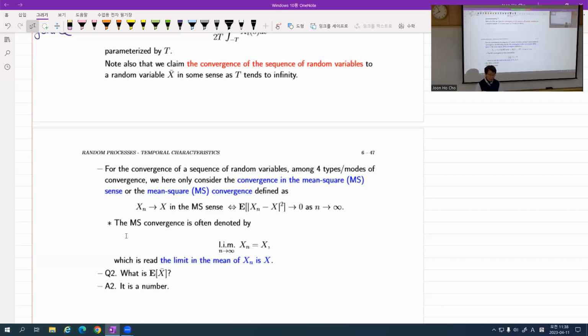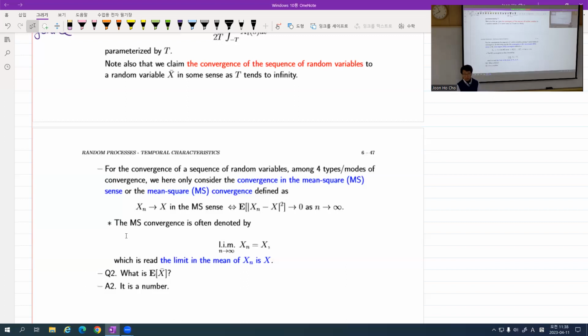That error energy converges to zero. You remember that? That phenomenon was called the Gibbs phenomenon, right?